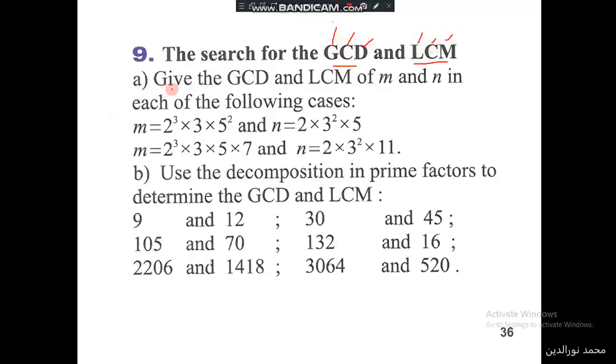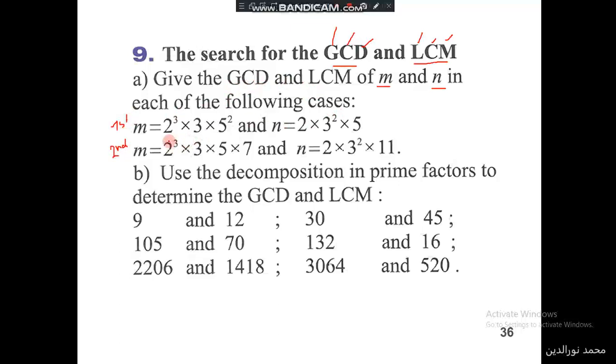Branch A. Give the GCD and LCM of M and N in each of the following cases. We have two cases, this is the first and this is the second practice. So we have two practices here to find the GCD and LCM.